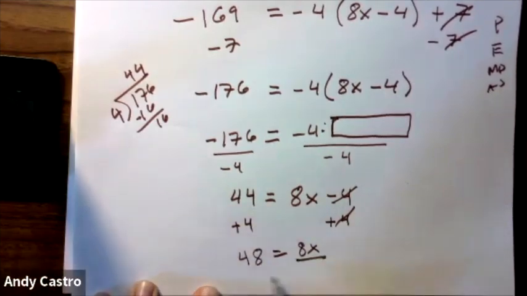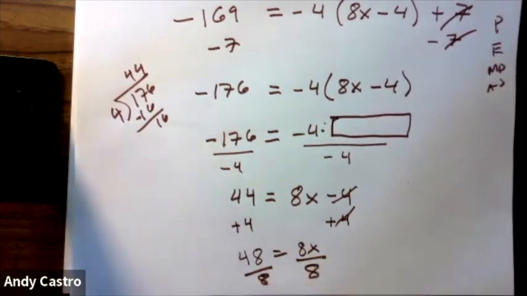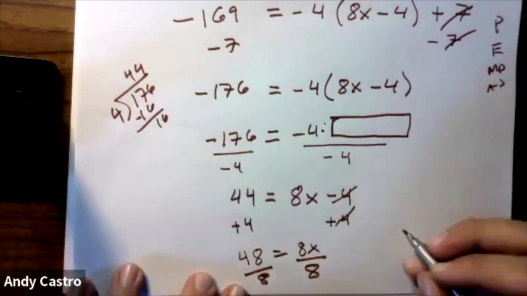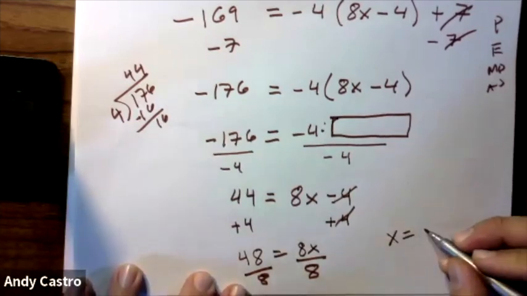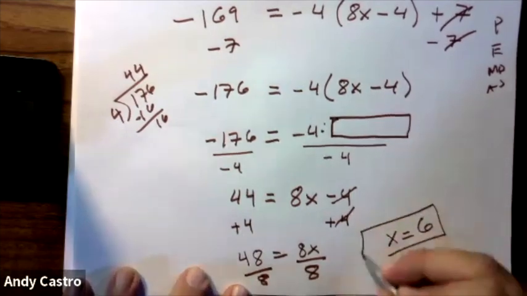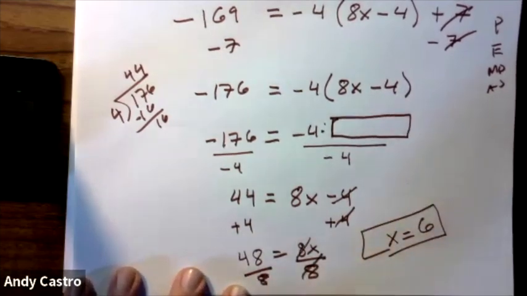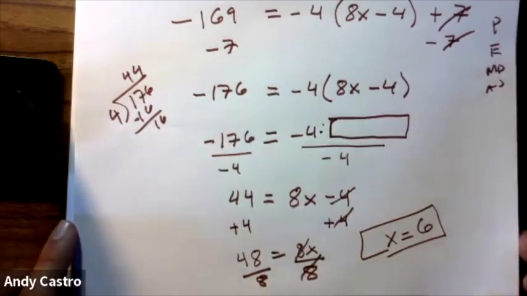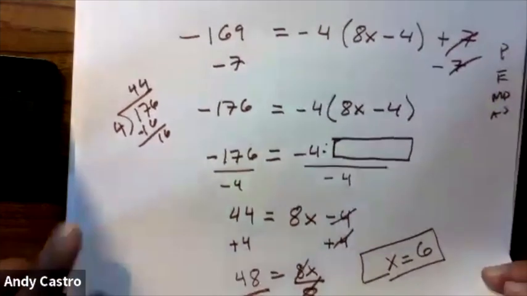Then if I divide both sides by 8, 48 divided by 8 is 6. X is equal to 6, which is what we found out before. All right. Any questions so far?